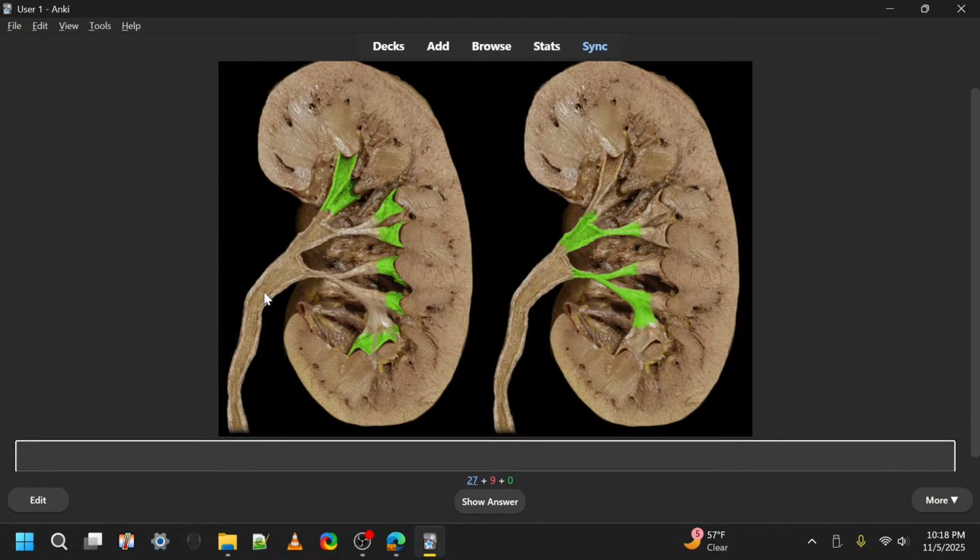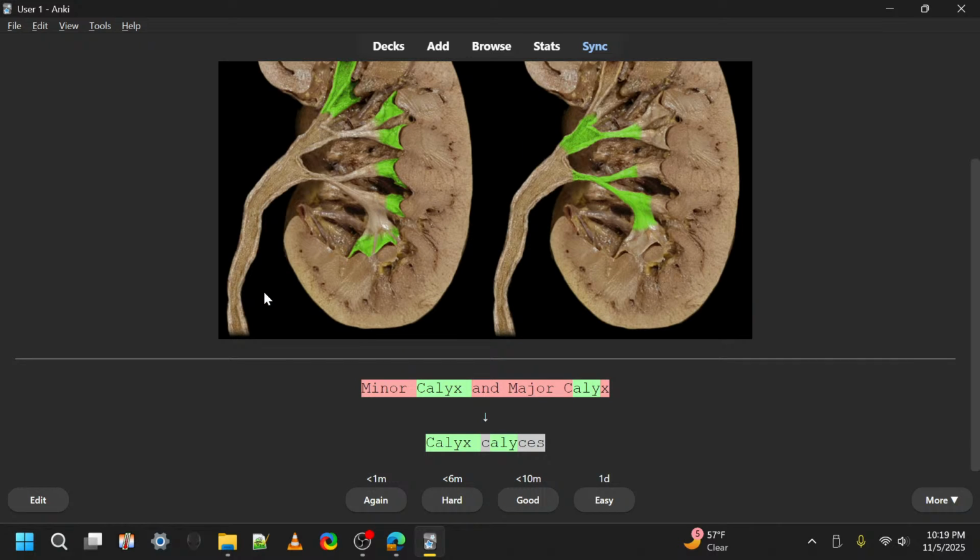This is the minor calyx on the left and the major calyx on the right. Oh, calyx or calyces, but I mean I was still right. So calyx is singular, calyces is plural.